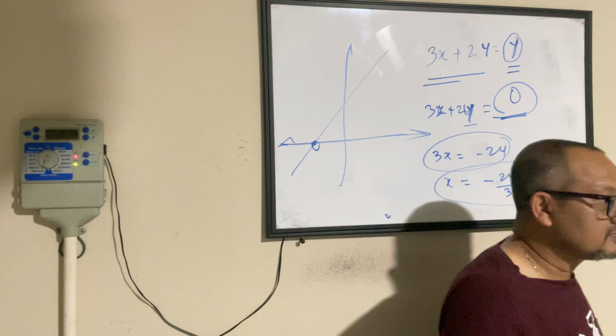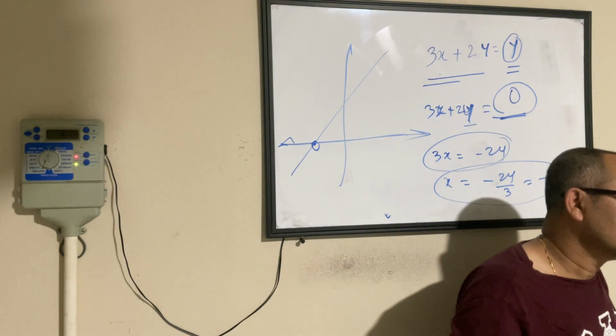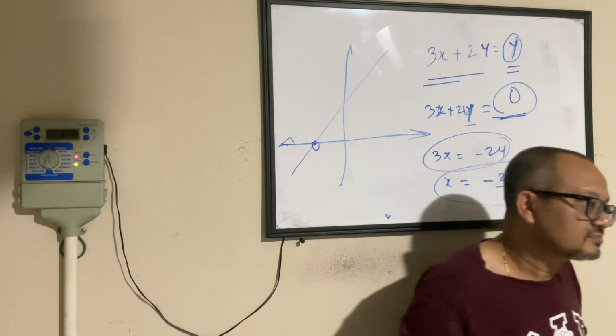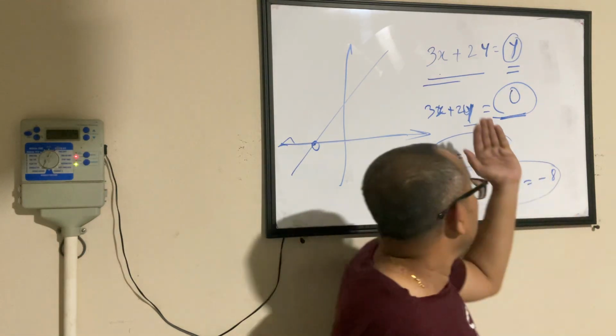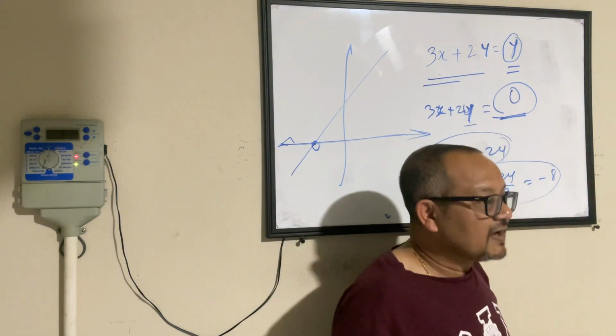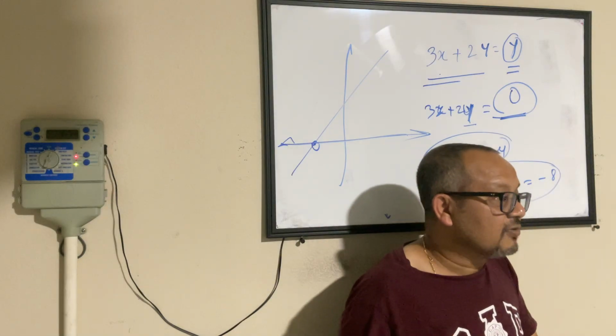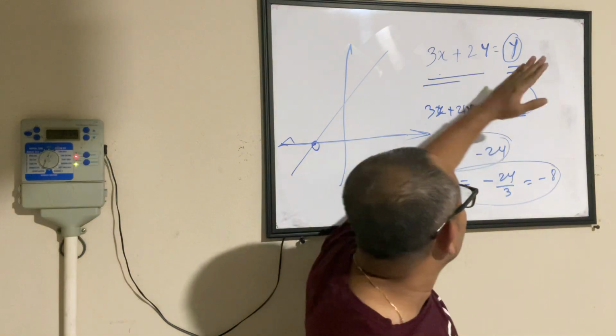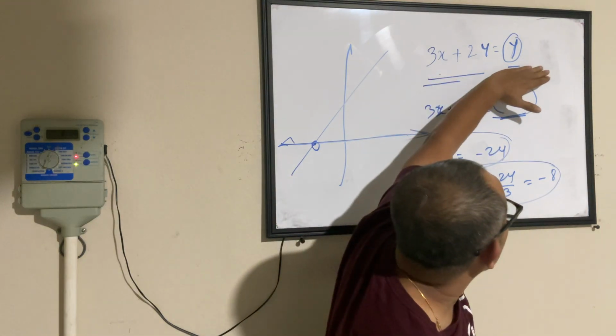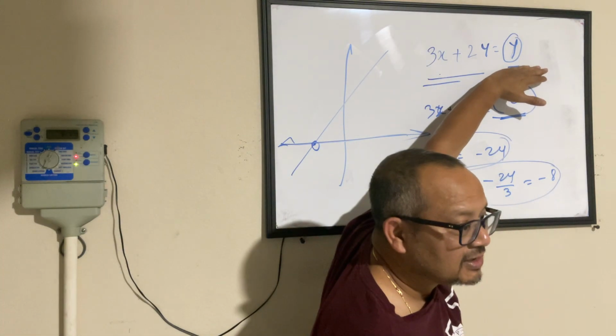Wait, what's the 0 of a polynomial in simple words? 0 of a polynomial in simple words is the value of x which will give you the value of y as 0 in the linear equation.